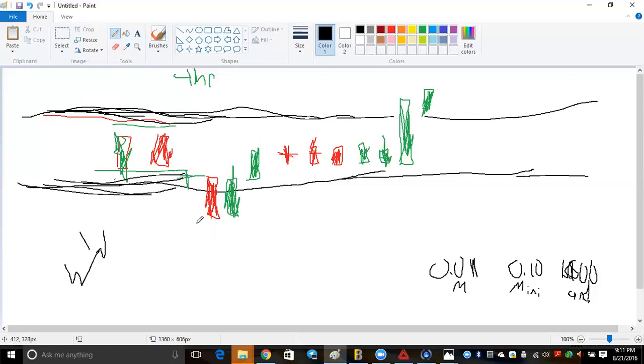Now let's talk about the standard view. False move week beginning. They come here, they give this doji. Pay attention to this. They come here, false move week beginning, Sunday coming into Monday.